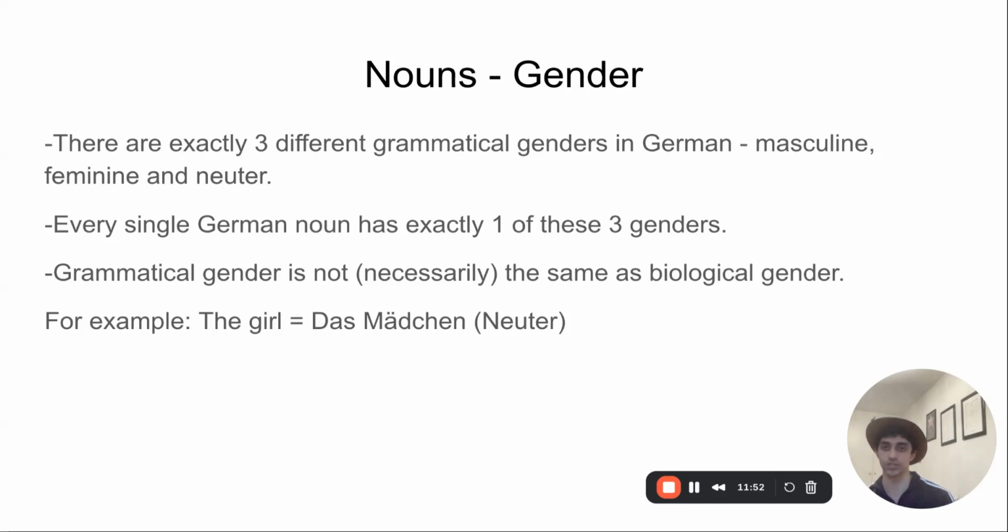The word for a girl in German is actually neuter. That is simply because of the ending, CHEN, not for any other reason. So the girl in German would be das Mädchen. Be aware that biological gender and grammatical gender do not necessarily match up. They can help you to identify grammatical gender, but not always. It's not a foolproof rule.